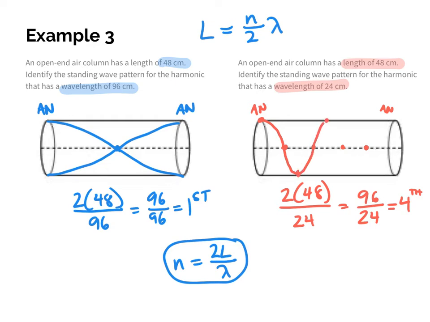I need an antinode in between, go back down, antinode, back up to my antinode. Okay, and I'm at the end. That one didn't look as pretty, but I'll try and draw it nice and smooth. Looks something like that. And again, to count the number of loops, I have 1 loop, 2 loops, 3 loops, and then my 2 halves would give me 4 loops. So that is for an open air column, looking at the pattern based on the frequency and the wavelength.